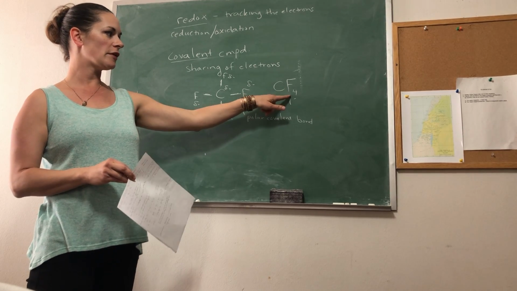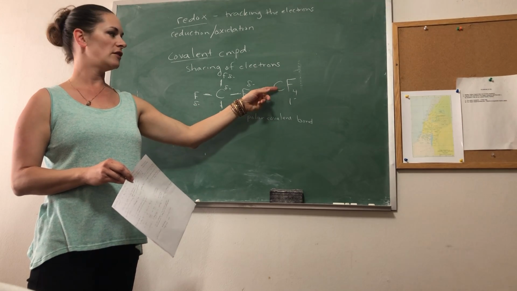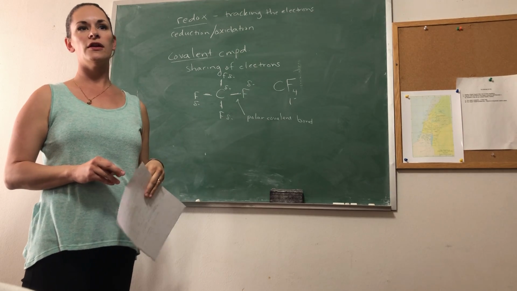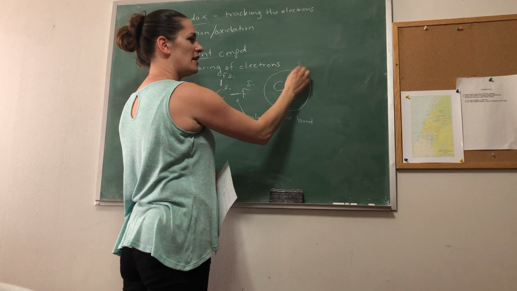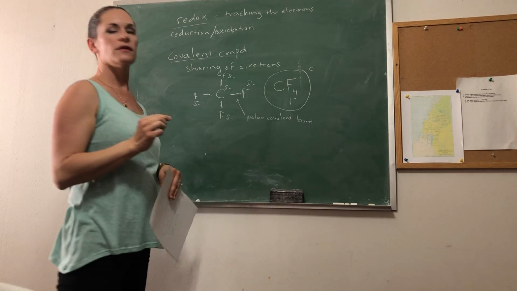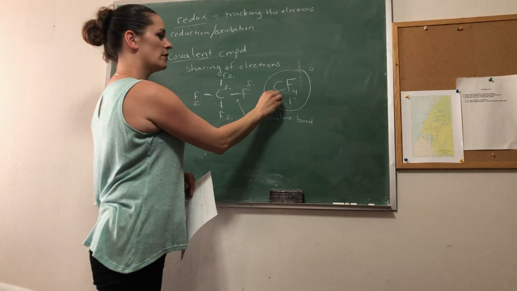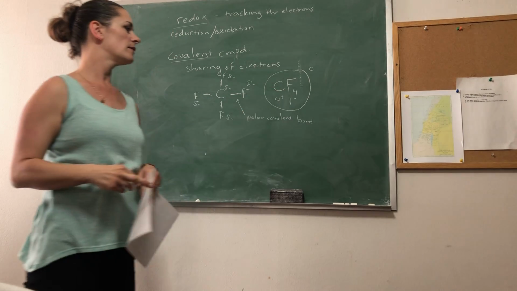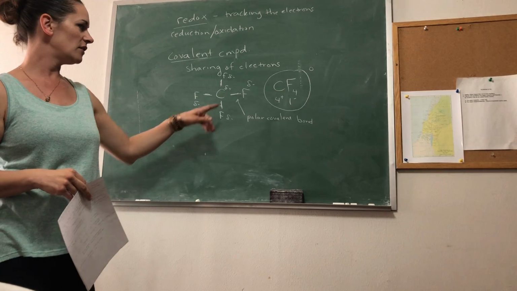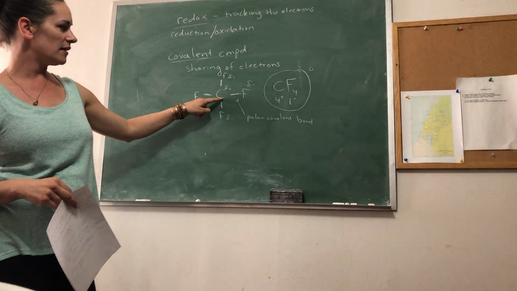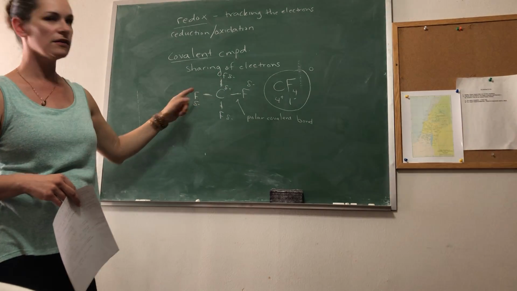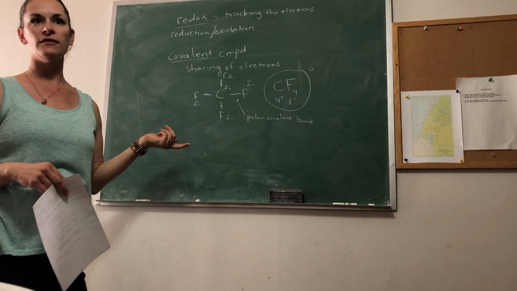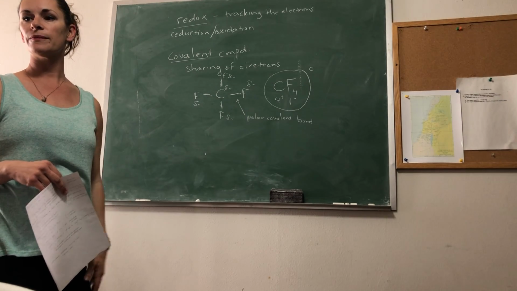Now there's 4 fluorines, so what do we need to do to the carbon in order to balance this molecule? Because this whole molecule needs to have a net charge of 0. So we need to give it a +4 to balance out those 4 fluorines. And you can see that if I take the electrons away from this carbon, here, here, here, and here, I'm taking 4 electrons away, right? And that gives me a +4.